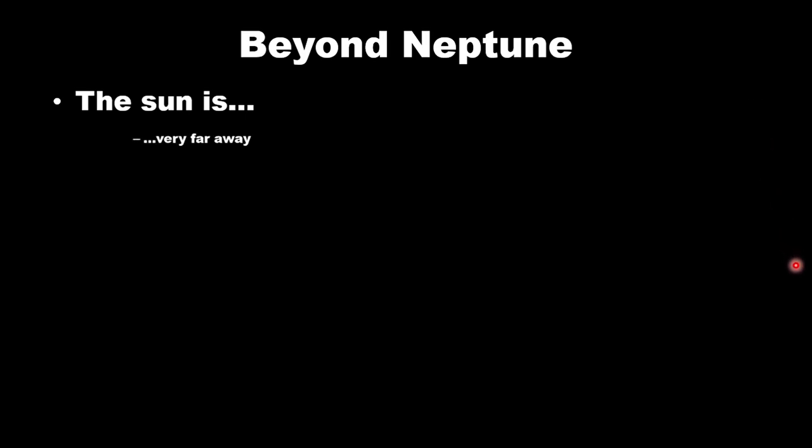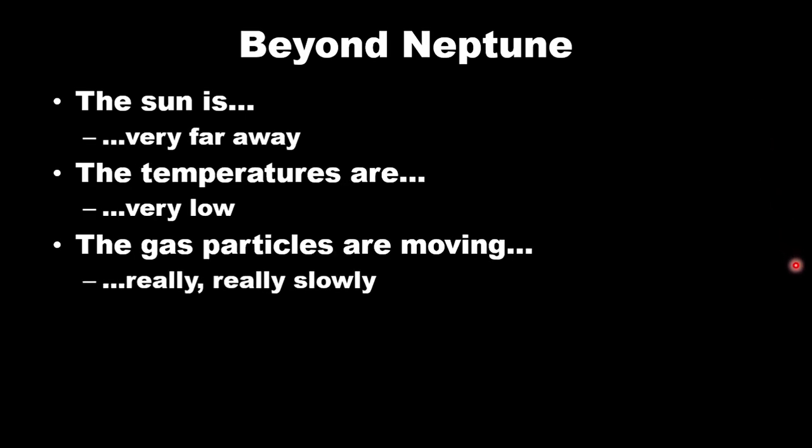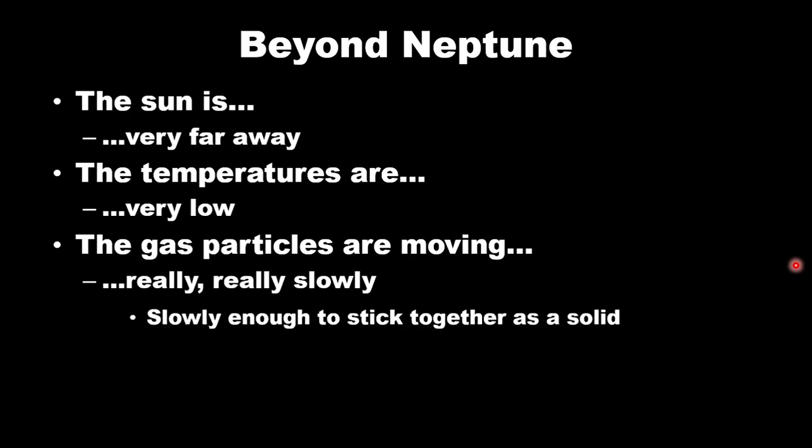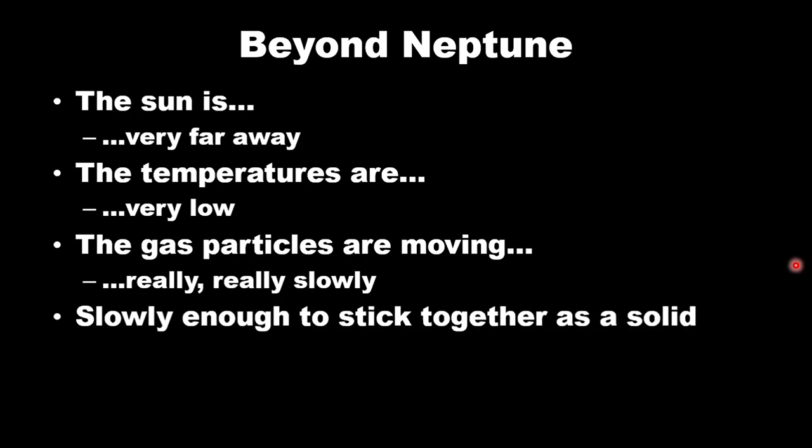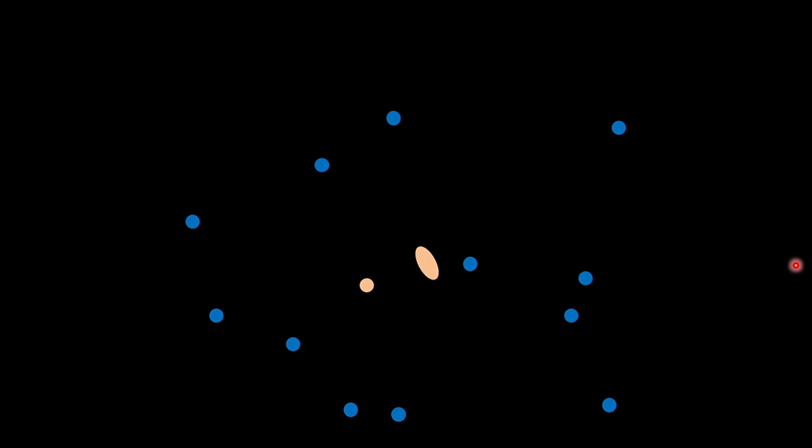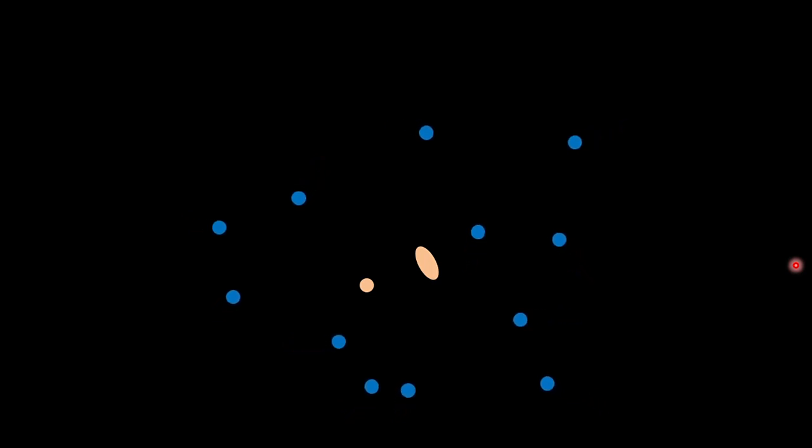Out beyond Neptune, the sun is very far away, the temperatures are very low, the gas particles are moving really, really, really slowly. In fact, so slowly that rather than simply being caught by the growing planets, which are very small here anyway because there's not much material, because Jupiter and the other gas giants have gobbled it all up, any gases there will actually slow down enough that they will freeze into little tiny chunks of ice.